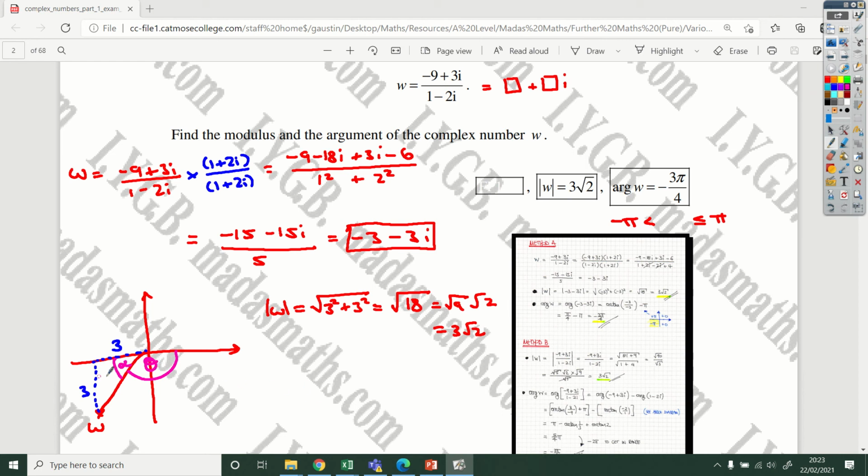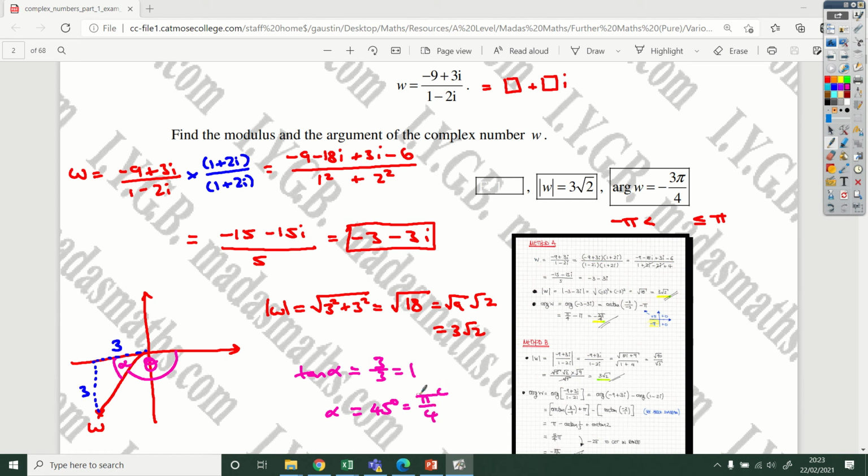Looking at the triangle that I've got, tan of alpha, the small angle, is 3 over 3, which is 1. Now, if you know that these components are equal, you can probably easily tell what the angle is going to be, but I'm going to do it properly. So tan of alpha is 1, and then you inverse tan on that, and you're going to get 45 degrees. But I want that in radians, so that's going to be pi over 4.